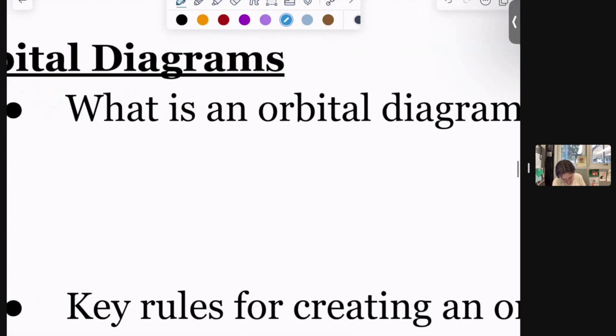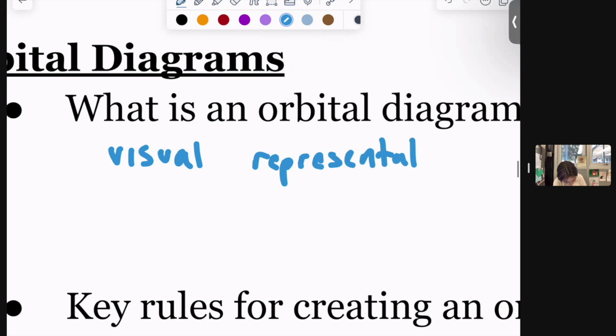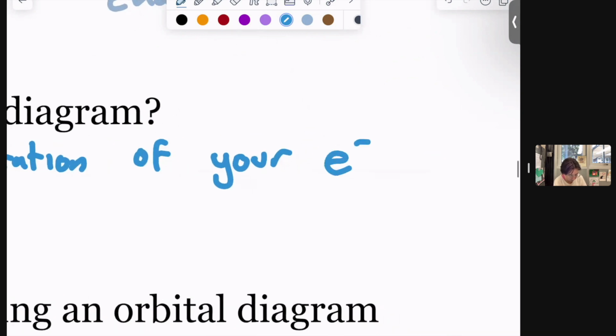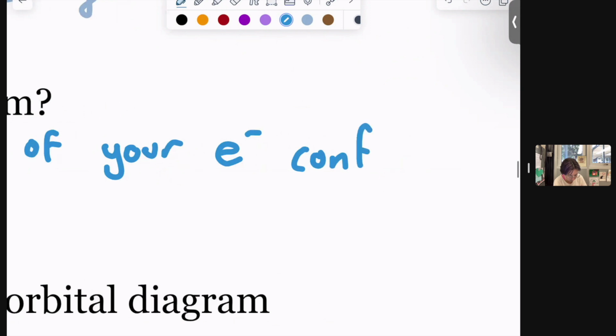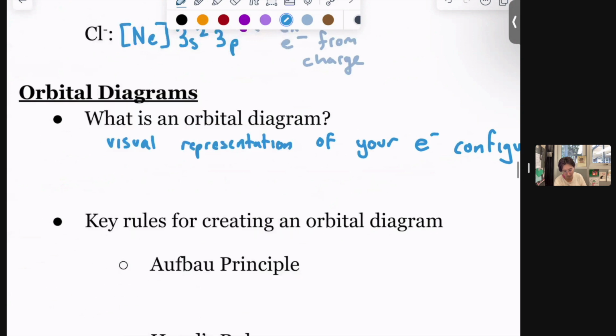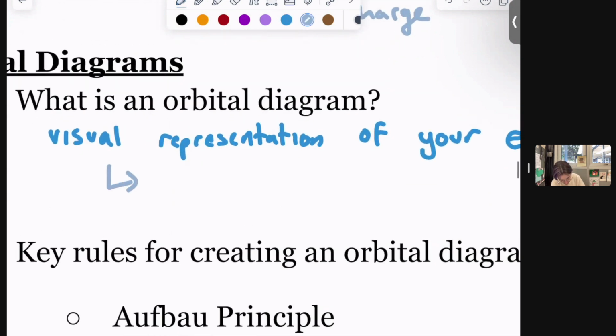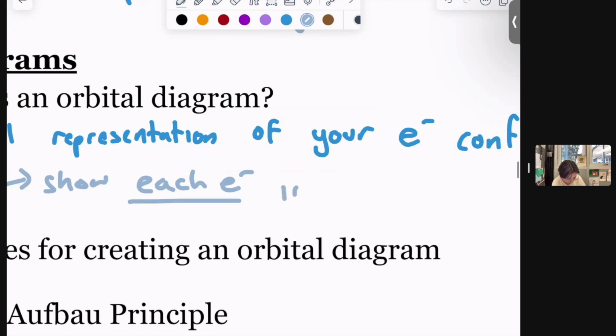So this is a visual representation of your electron configuration. Basically, we're going to show each electron in its suborbital.